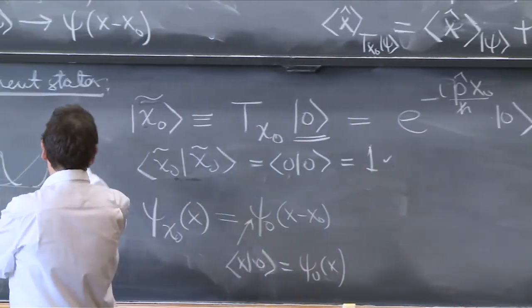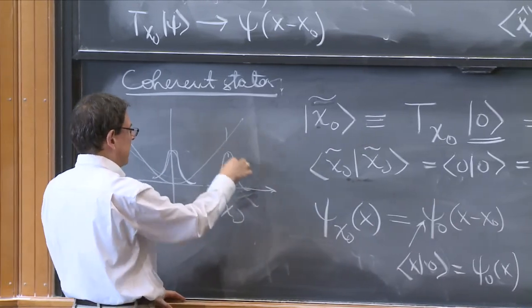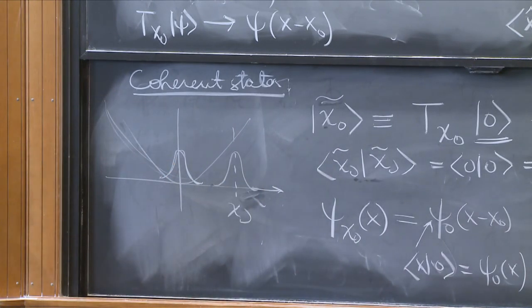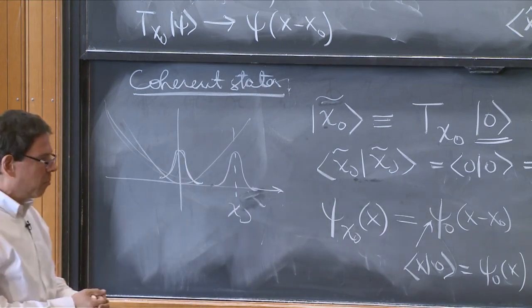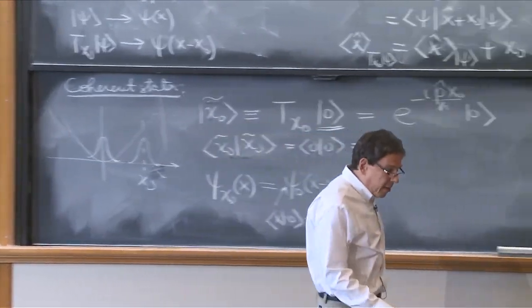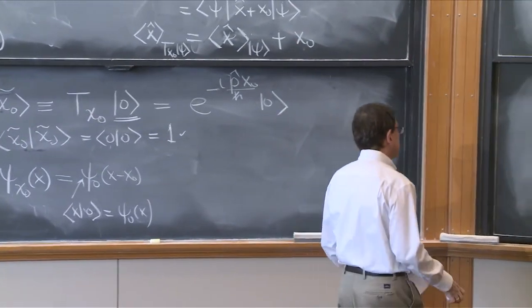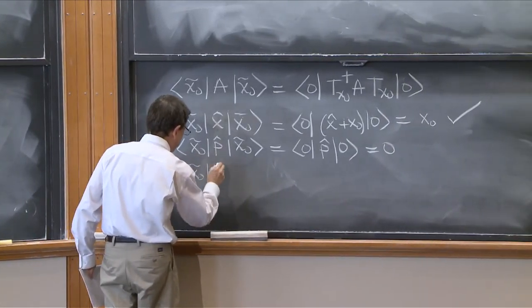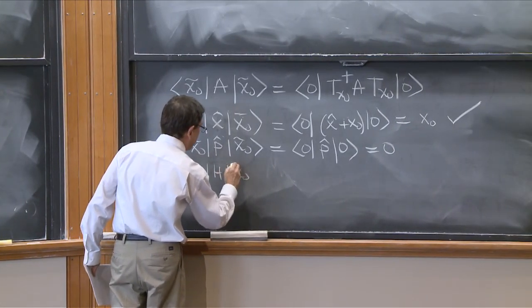It represents, at t equals 0, a state that is over here, and just by looking at it, it's just sitting there, has no momentum whatsoever. Another question that is interesting, what is the expectation value of the Hamiltonian on the coherent state?